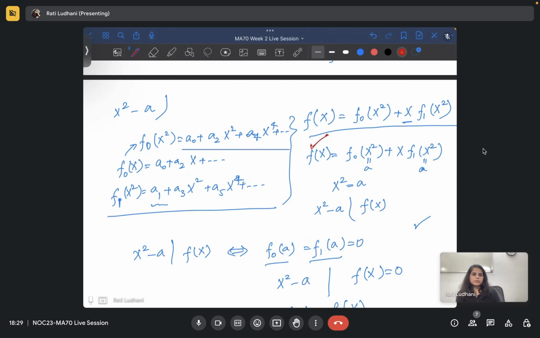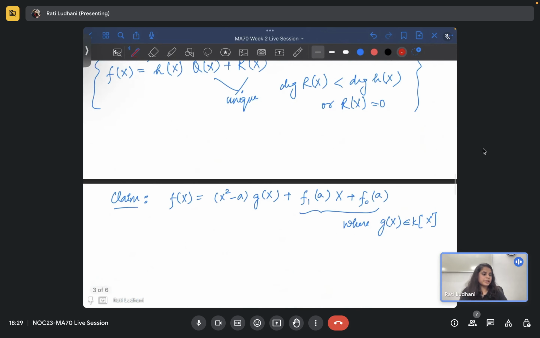So the whole term is f of a. Okay, the remainder part is not f of a. When you put x square equal to a, you don't know what it becomes, so root a or something, and I cannot write that.